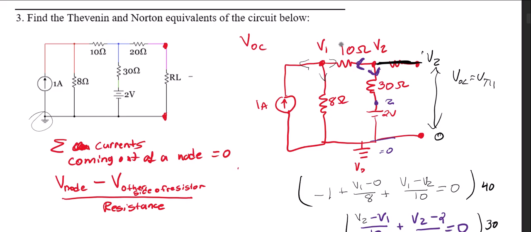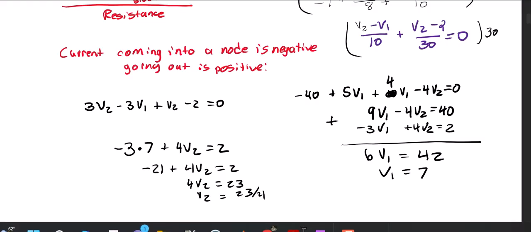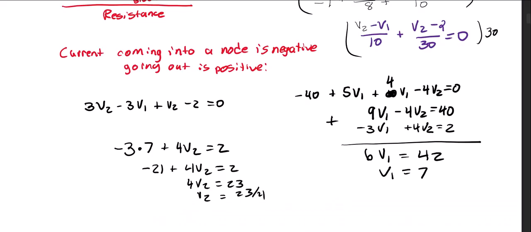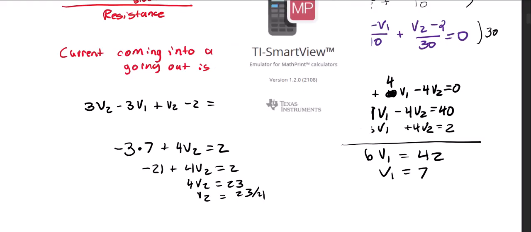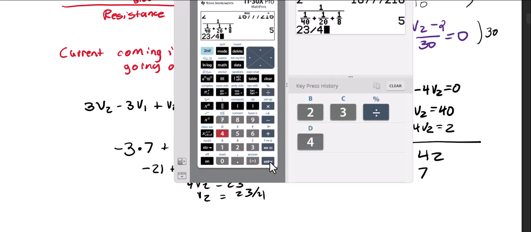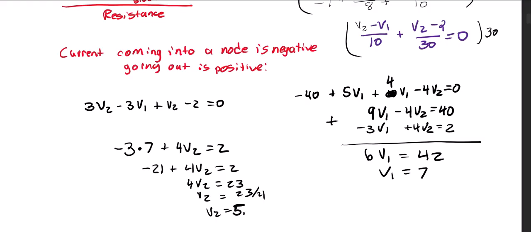And V2 is whatever 23 divided by 4 is. So 23 divided by 4 is 5.75 volts.